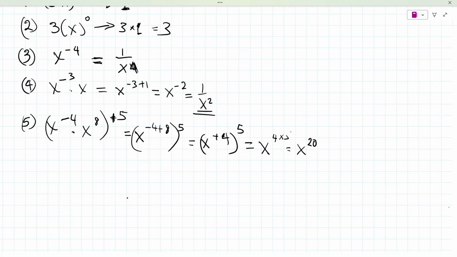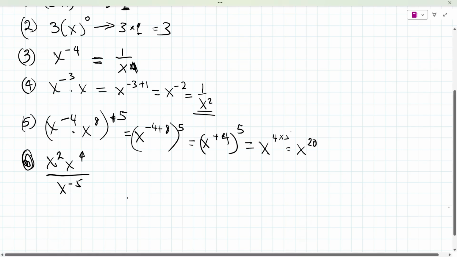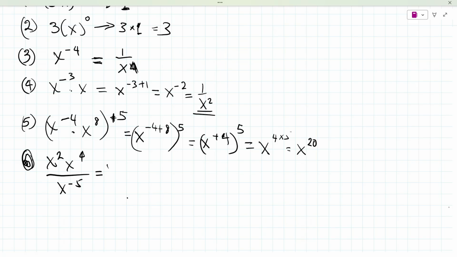Now, next, let's look at another example, 6, which says x squared times x to the power 4, and all this is divided by x to the power negative 5. Now, x to the power 2 multiplied by x to the power 4 will become x to the power 2 plus 4. And this will be divided by x to the power minus 5.